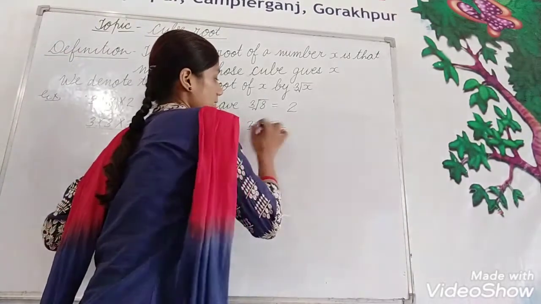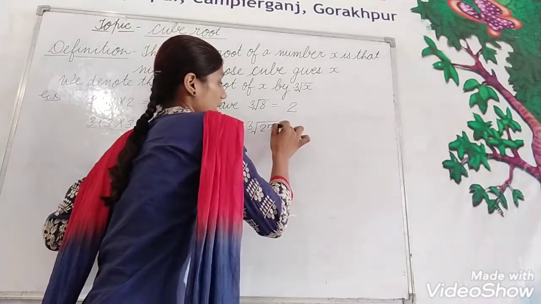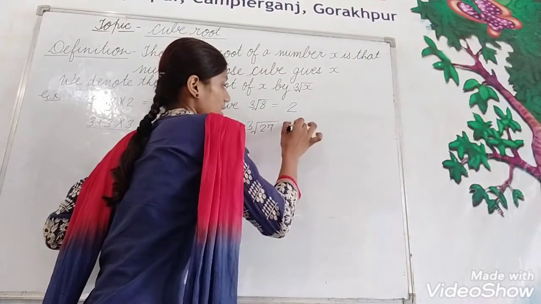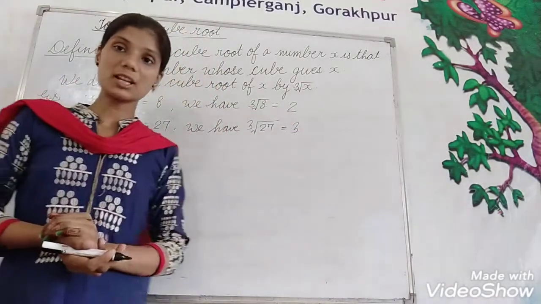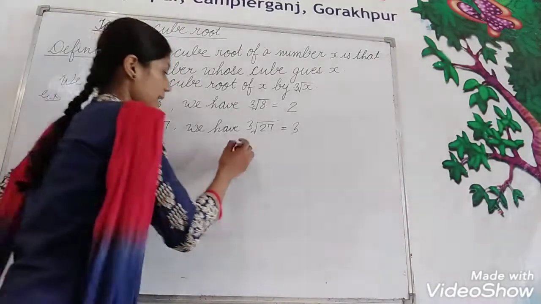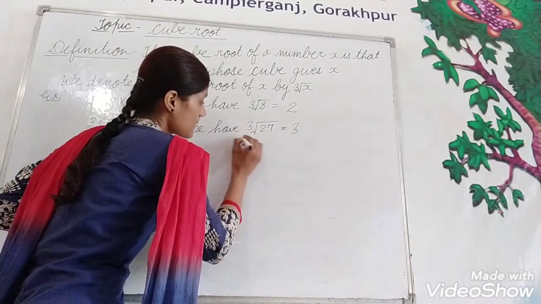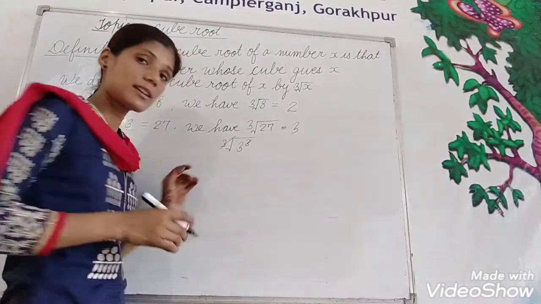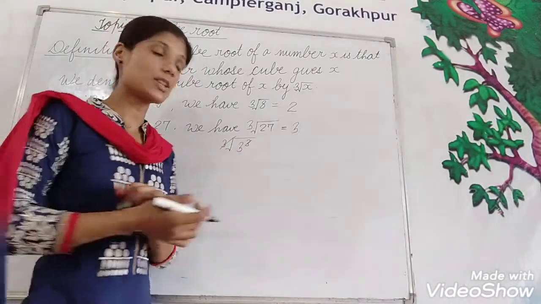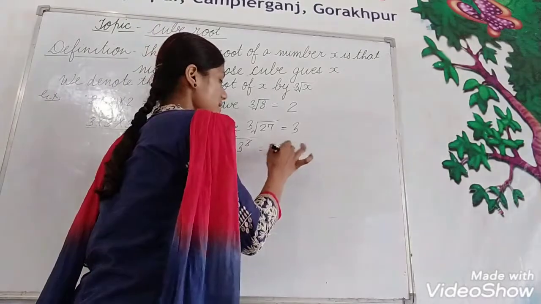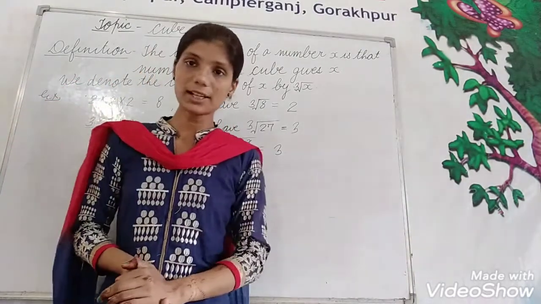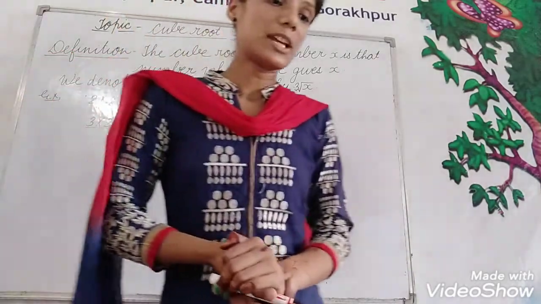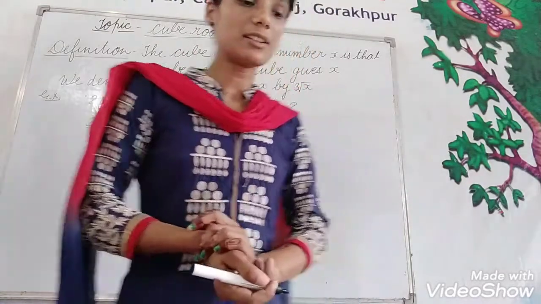When we take it out of the cube root we get 3, because we write it like this also, 3 and 3. So this 3 and that 3 cancel. So your answer is 3. Clear? Okay. So let me explain with the prime factorization method.